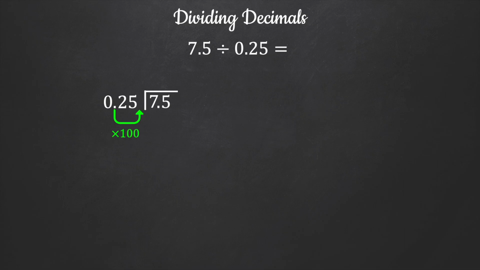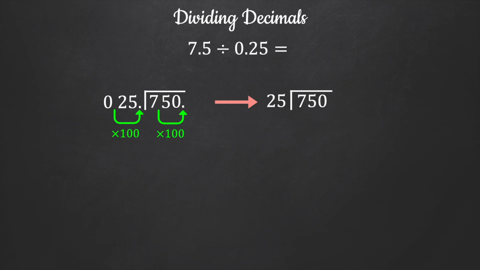So we have to multiply it by 100. So that will allow us to move this decimal point 2 spaces to the right. And whatever we do to our divisor, we have to do to our dividend. So we're also going to multiply that by 100. But here, in order to move the decimal point 2 spaces to the right, we're going to have to add a 0 and then move our decimal point.